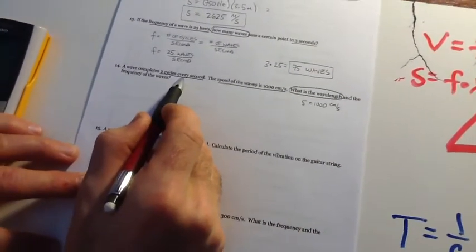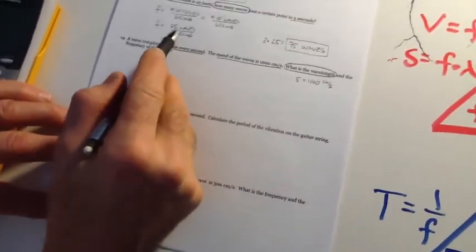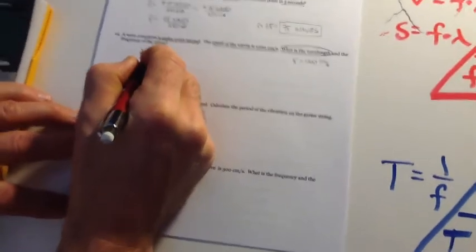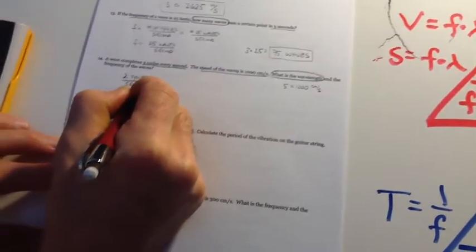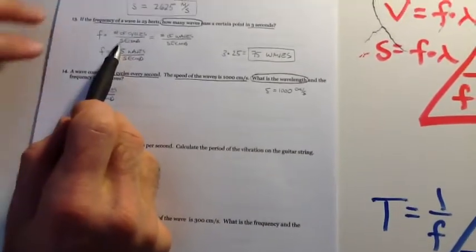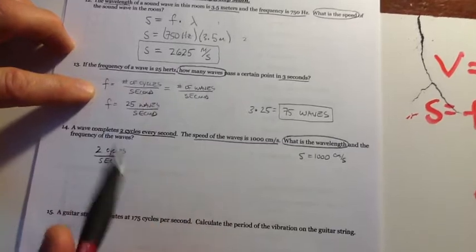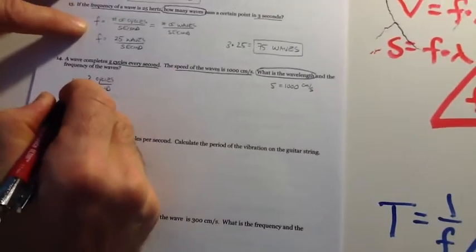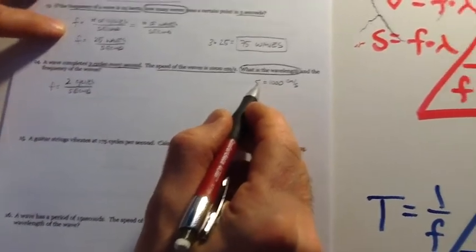The question is, what is this? 2 cycles every second. If we look up here, that's the definition for frequency. Frequency is the number of cycles per second. So we have been given the frequency and the speed.